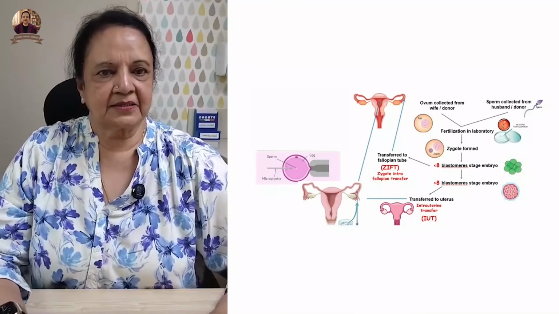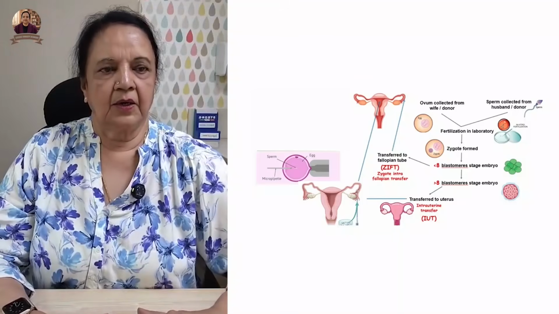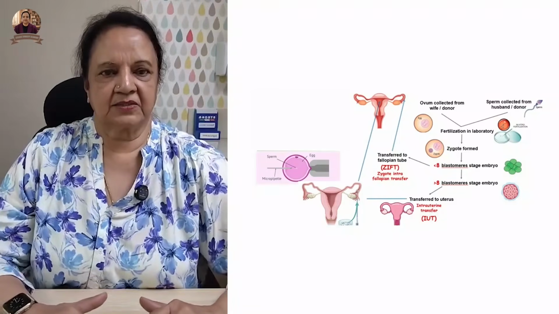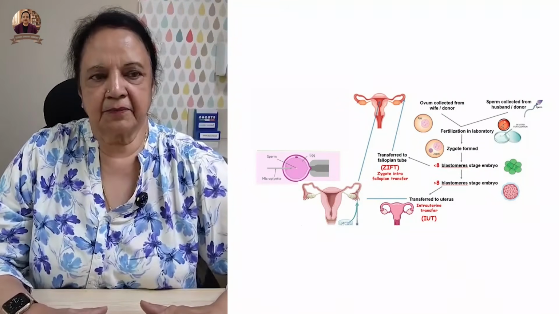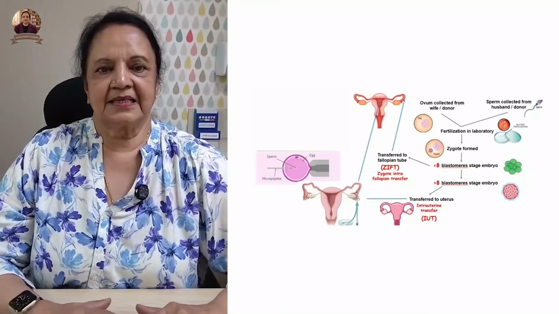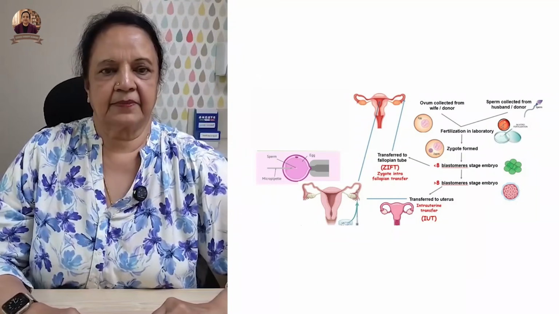Let us discuss the most well-known technique, IVF-ET, or in vitro fertilization and embryo transfer. Babies born through this technique are sometimes called test tube babies. Now let us learn the procedure of IVF-ET.